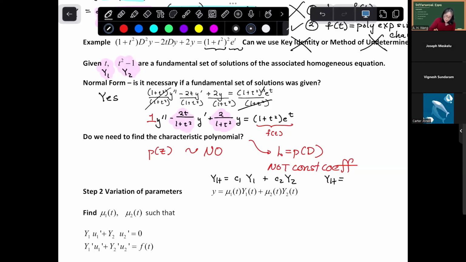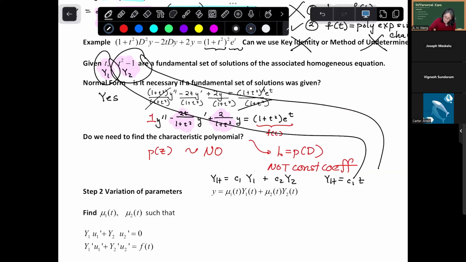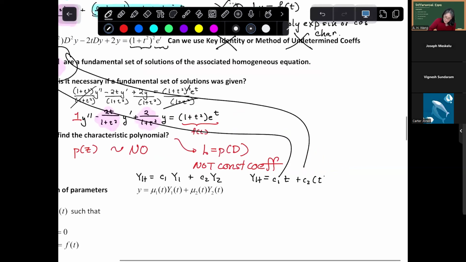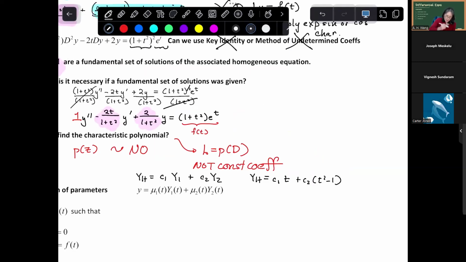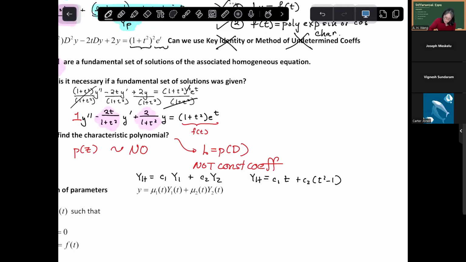Upstairs, do you see that this is C1 t plus C2 (t squared minus 1). Then your YP is going to be, instead of C, mu1 t plus mu2 (t squared minus 1).